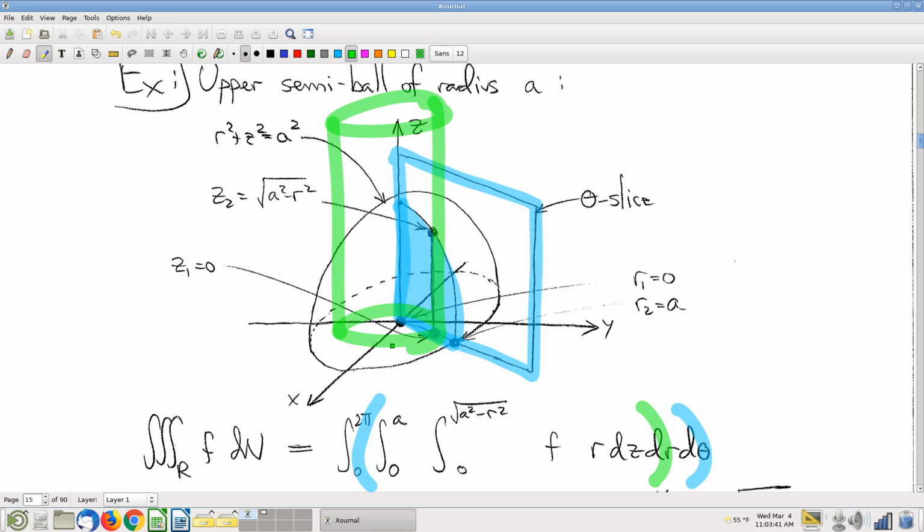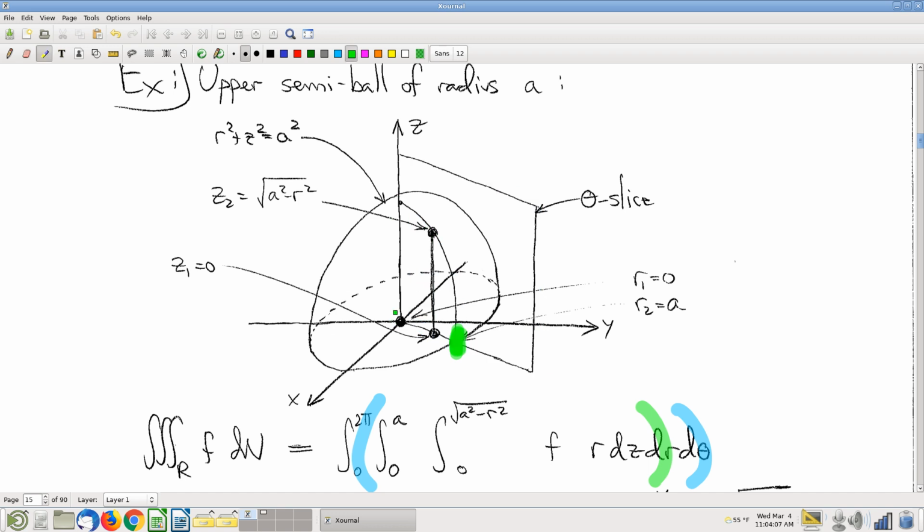But how does that cylinder, that R slice, intersect with our existing theta slice? Well, a little segment like that. And again, you got to see the picture. You got to think about it geometrically. We're going to start there at r equals 0, and we end here. Well, we've got a little geometry problem now. Where is this point where I end?